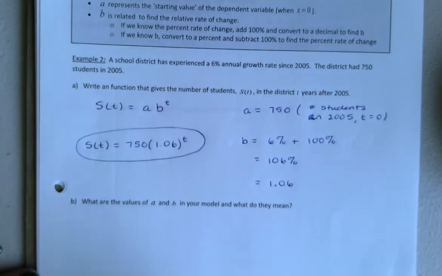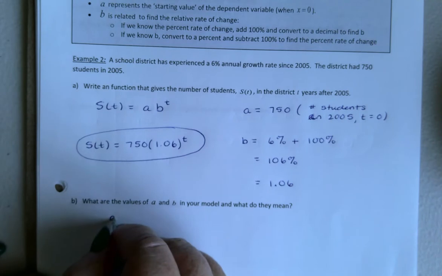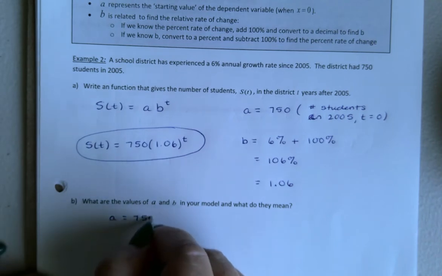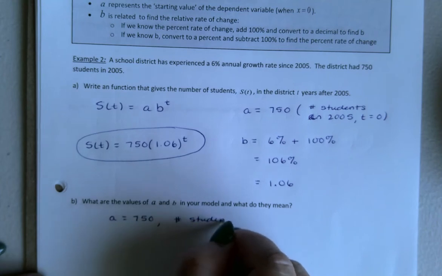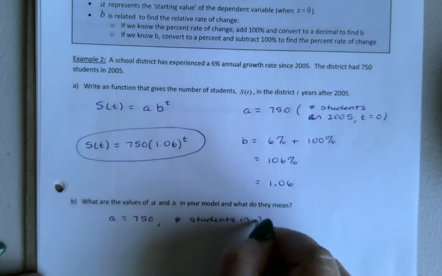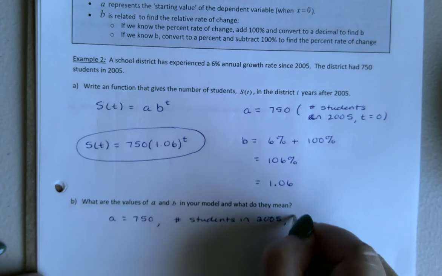We've already explained what a and b are and what they mean, but again, real quick, the a is 750, and that was the number of students in 2005, which was our starting year.